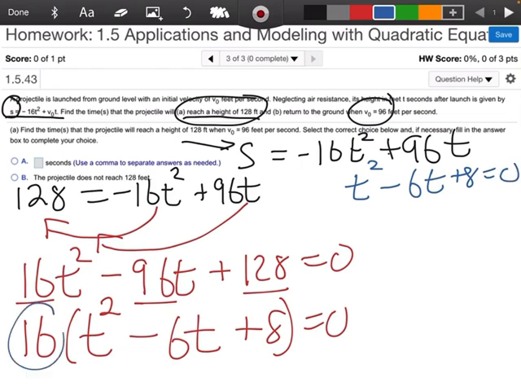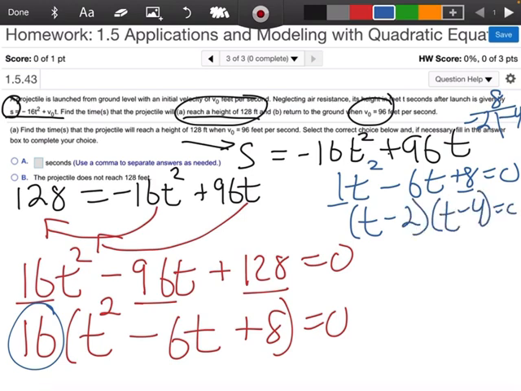If I'm trying to factor this, remember the number in front of my t squared is now a 1, so my shortcut should work. 1 times 8 is 8. I'm looking for two numbers that multiply to 8 and add up to minus 6. And we can use a minus 2 and a minus 4. So now I'm going to write this as t minus 2 and t minus 4 equals 0.